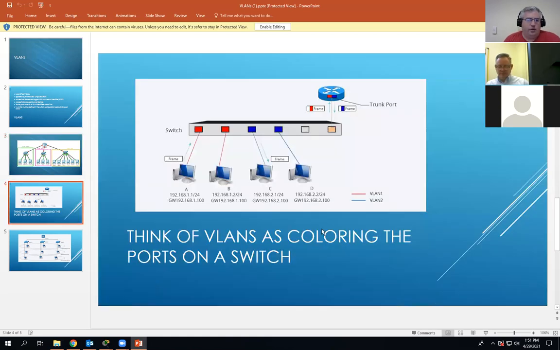The best way to think about this is to color the ports. In this case, we have red ports attached to VLAN 1, and then the blue ports are on VLAN 2. And then the orange port actually is a trunk port, and that will transmit both red ones and blue ones to the router.